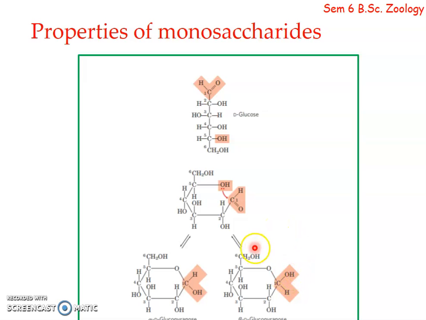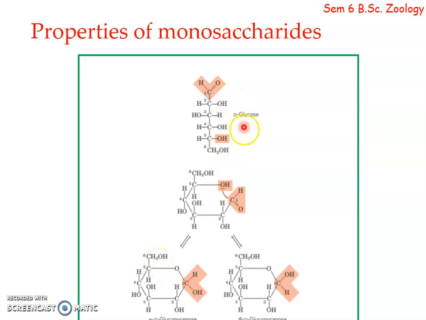Above the plane means at the same position as the CH2OH. When the hydroxyl group is above the plane at the same level as the CH2OH, we call this the beta form. And what is this then? This is the alpha form. So these 2 forms have arisen because of the cyclization of D-glucose.